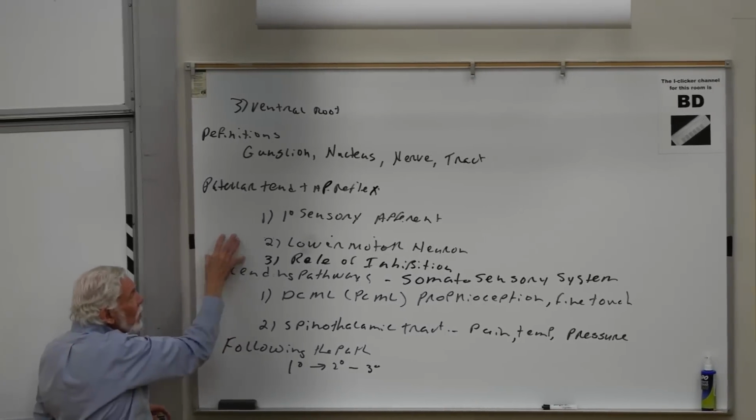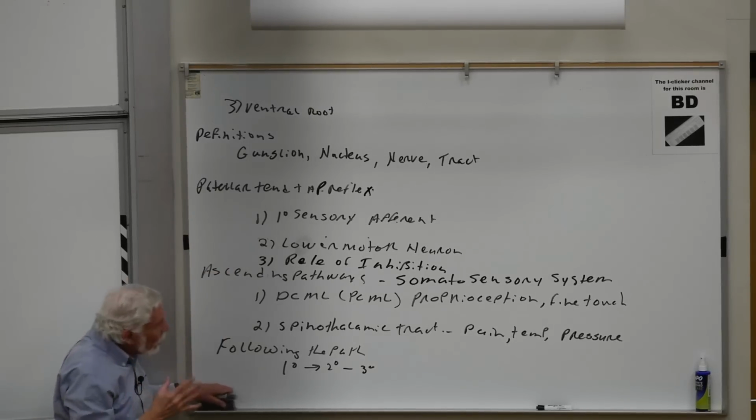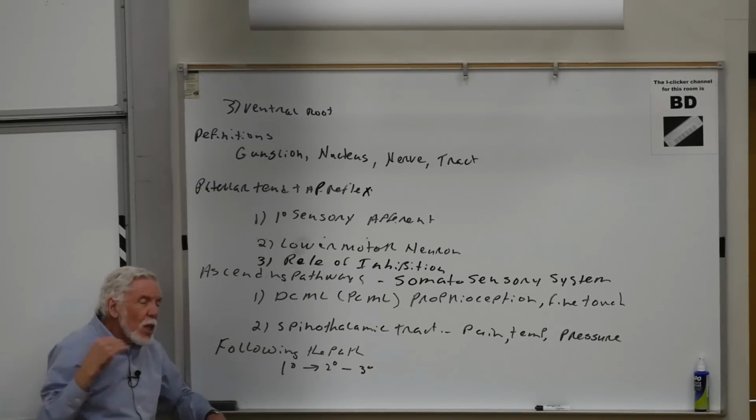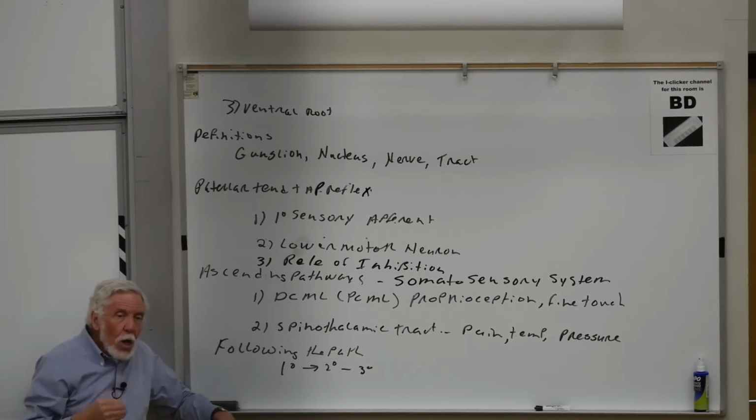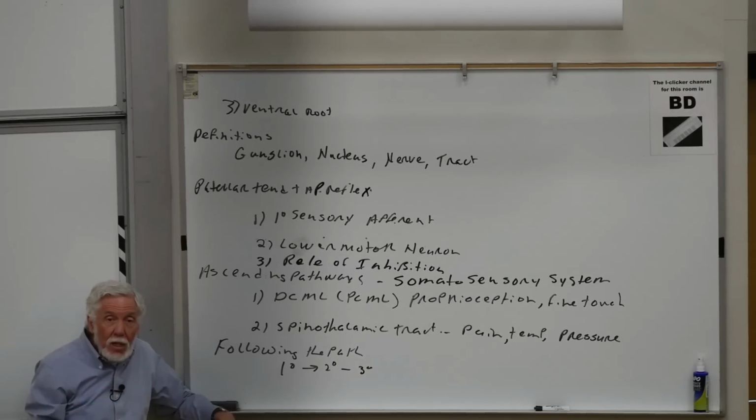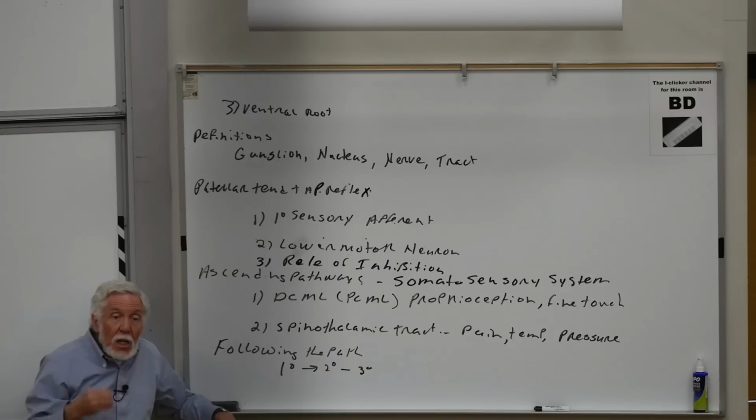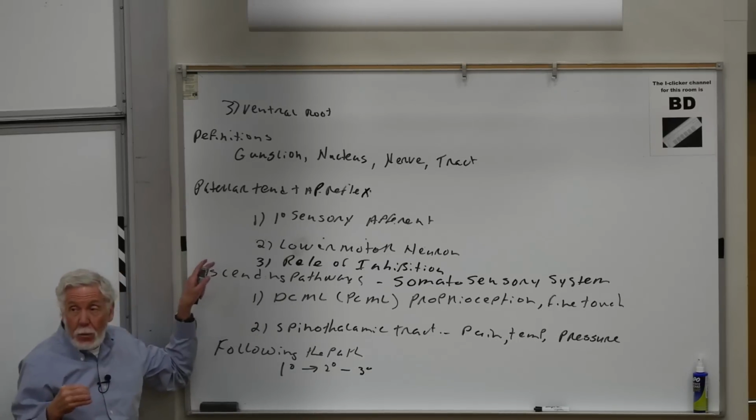One of the ideas I want to emphasize here, one that I think I don't get across sometimes, is that the lower motor neurons always release an excitatory neurotransmitter onto the muscle. That's always acetylcholine. It always binds to nicotinic acetylcholine receptors to initiate the muscle contraction through the action potential mechanism.